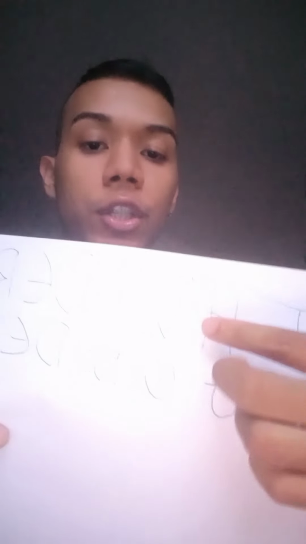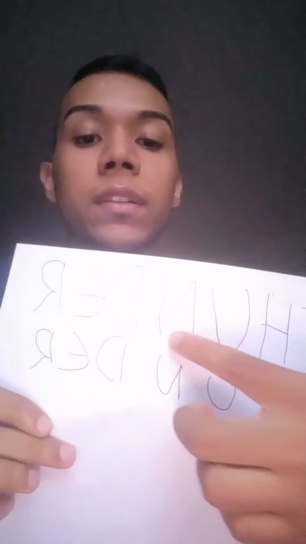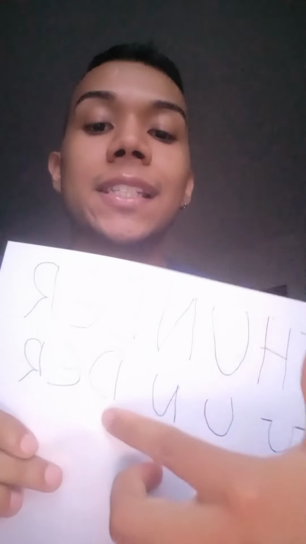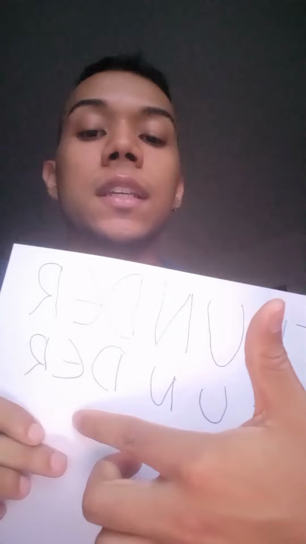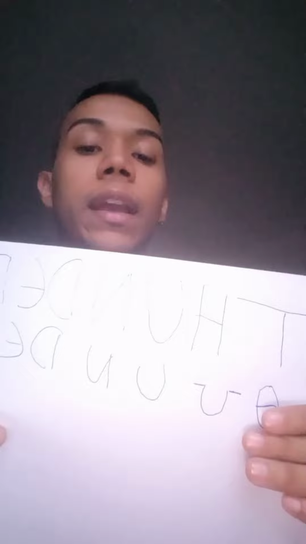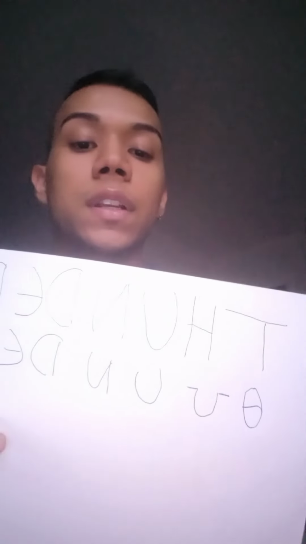These two symbols represent the sound of TH. The rest of thunder is still the same down here. U is still U, N is still N, D is still D, E is still E, and R is still R. But here the TH completely changes in the sense of what the letters would sound like in the phonetic alphabet. So this is another clear example.